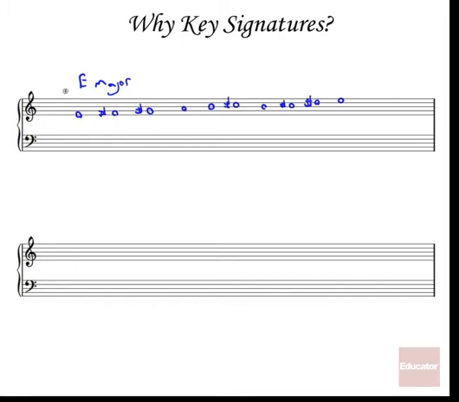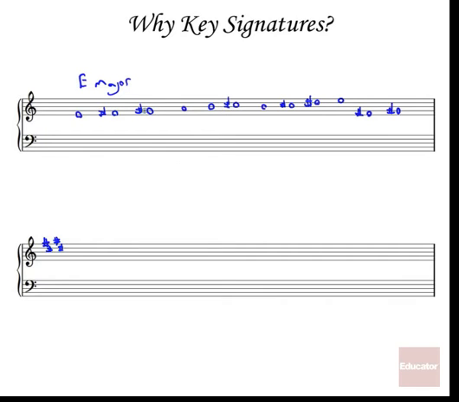So it becomes a lot easier to write this music, less tedious and more understandable, if instead of including every time we have the note F sharp, writing it with the sharp in front of it, or every time we have a G sharp, writing a G sharp, we can move these commonly used accidentals into what we call the signature over here.